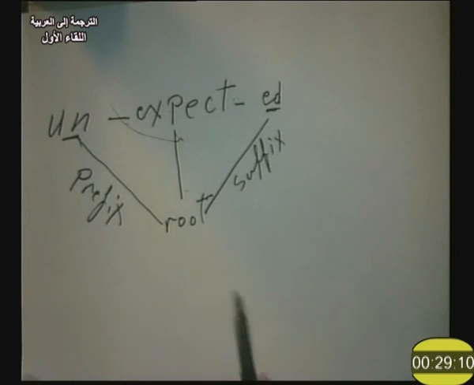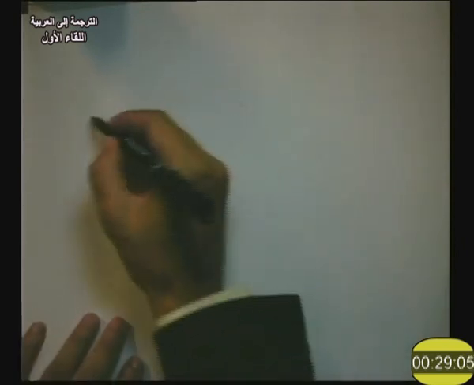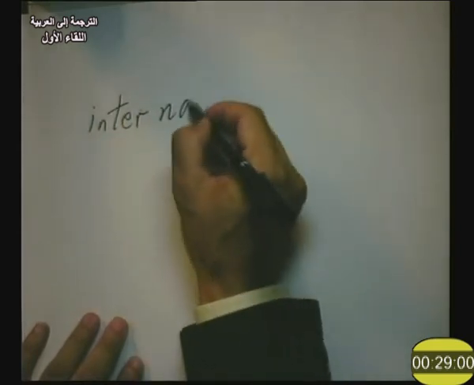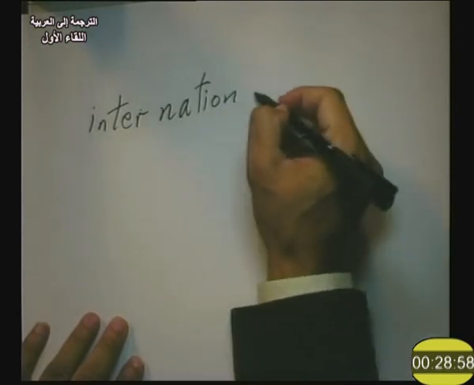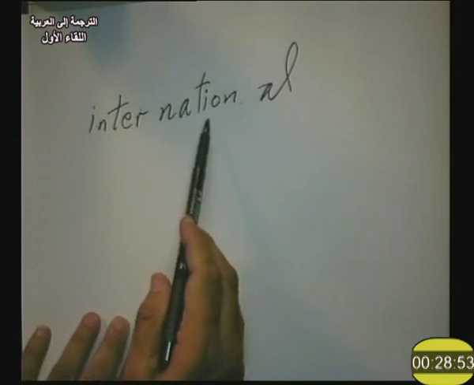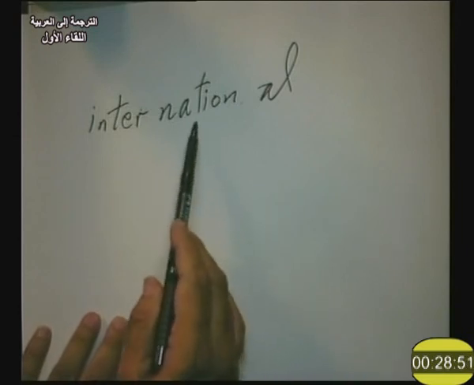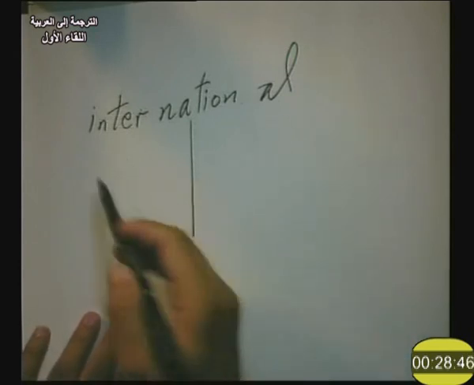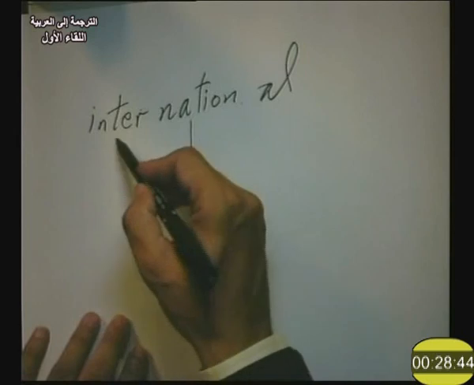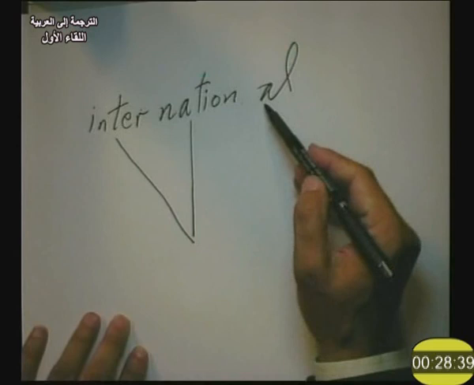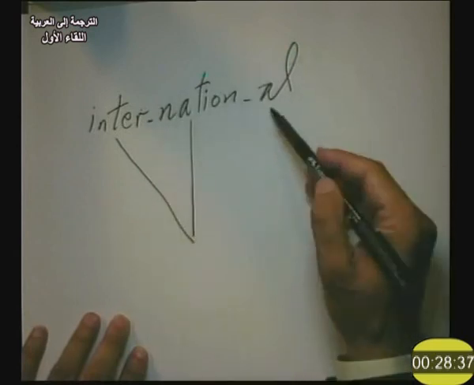Another example, for example, international. In this word, look out for the root or base of the word, that is nation, meaning "أمة" or "دولة". The prefix inter means between or among or within.